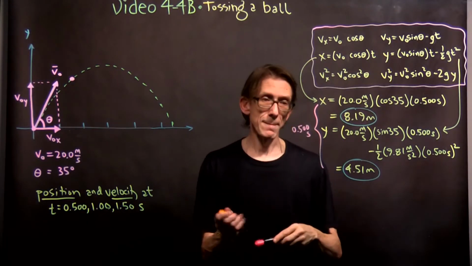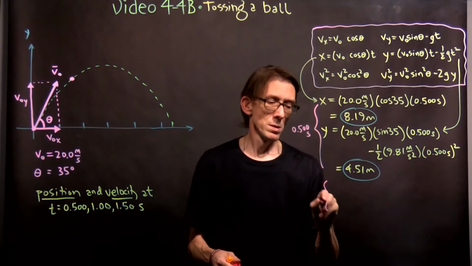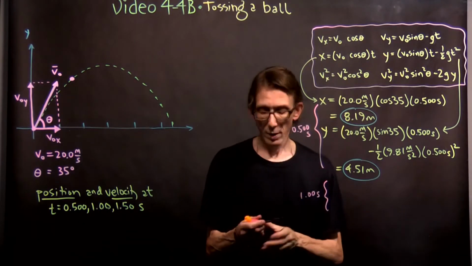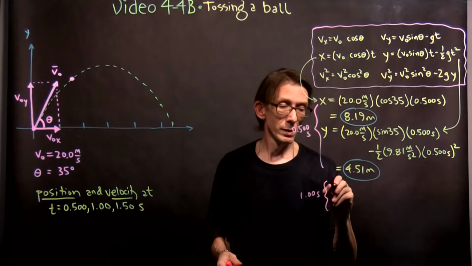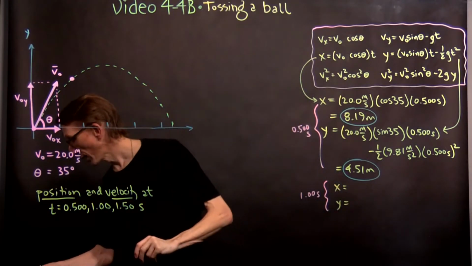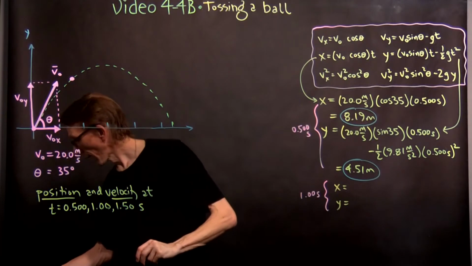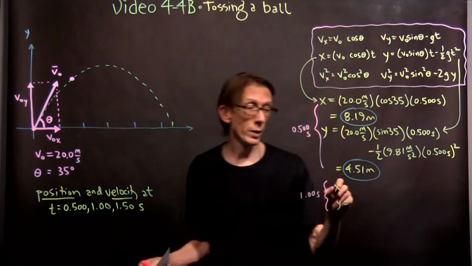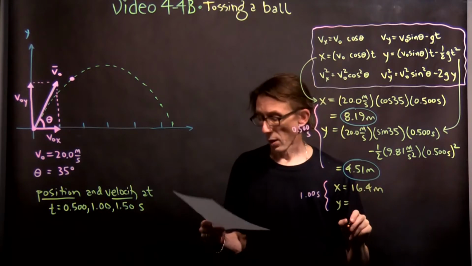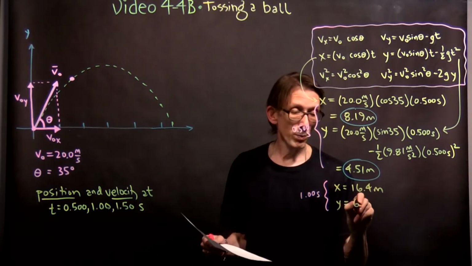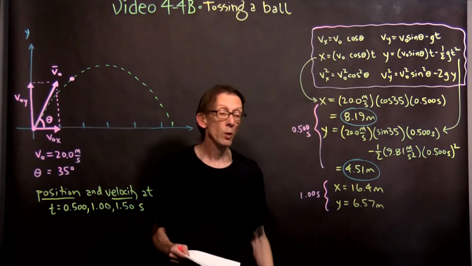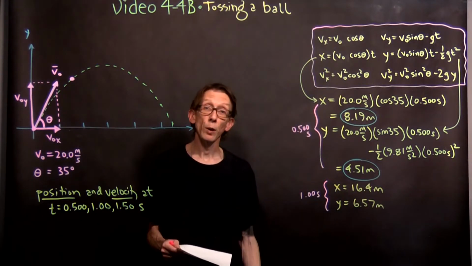And we can play the same game for the later times. So for the time 1.00 seconds, we get for x and y these numbers. They have both increased. We have x is 16.4 meters, and for y we have 6.57 meters. So both of them have increased.